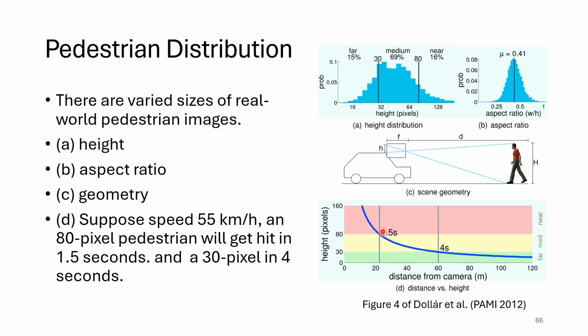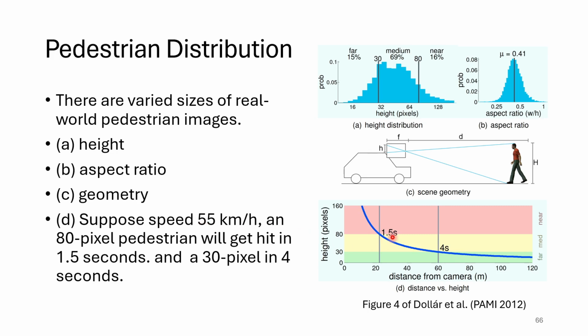If the height of the pedestrian is 80 pixels, then it means it's quite close to the car. Suppose the car runs at a speed of 55 kilometers per hour, which is a fair speed for an urban road.